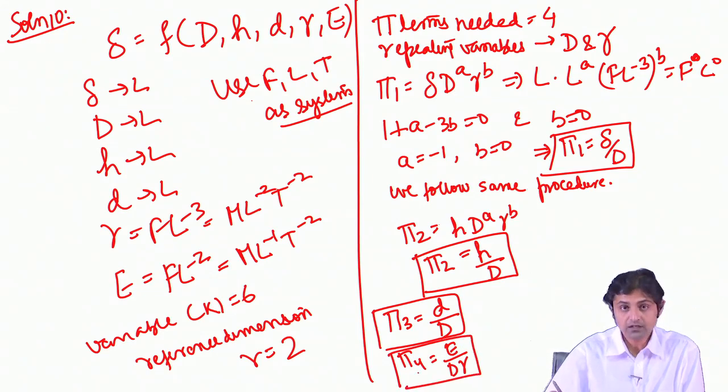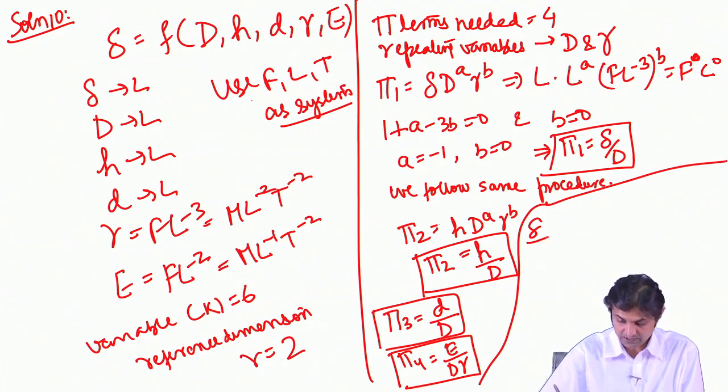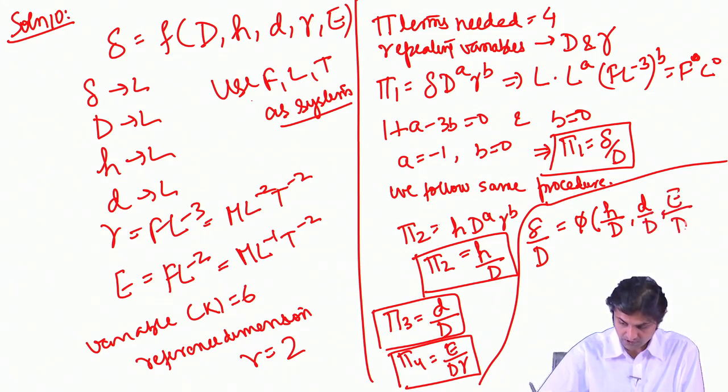All right, and therefore we can simply write delta by D is a function of h by D comma d by D comma E by D gamma.